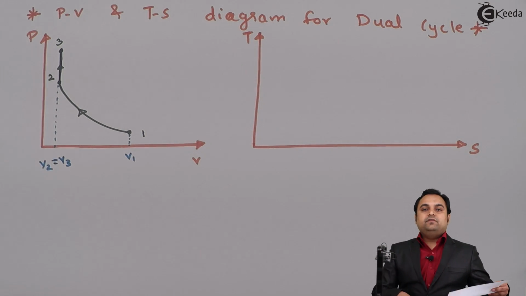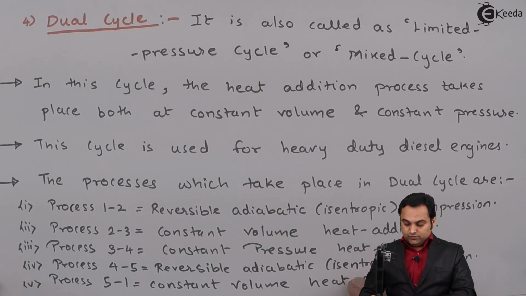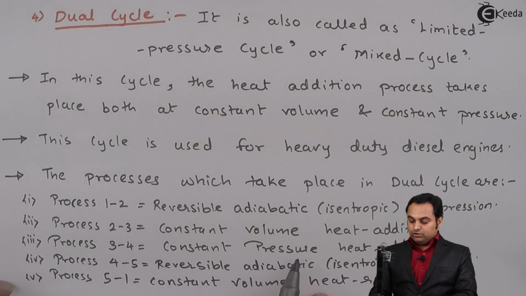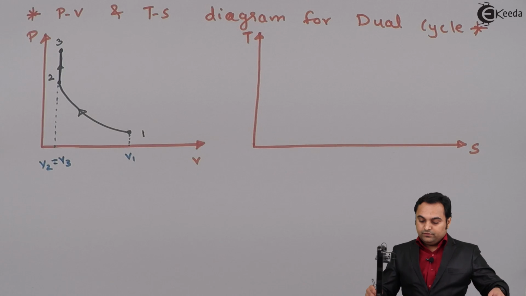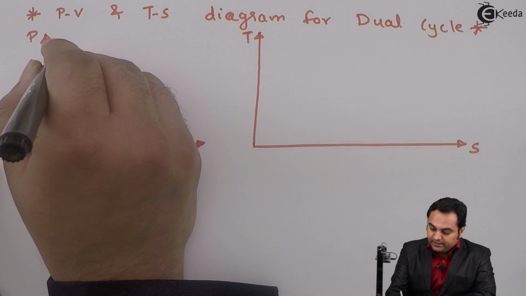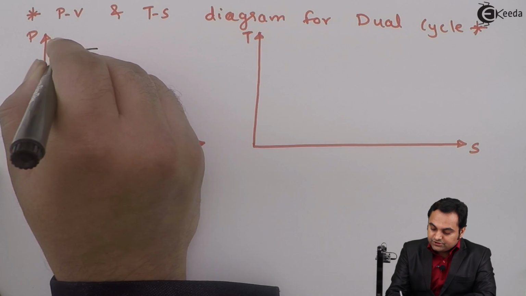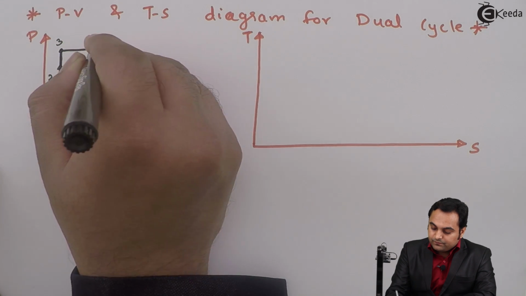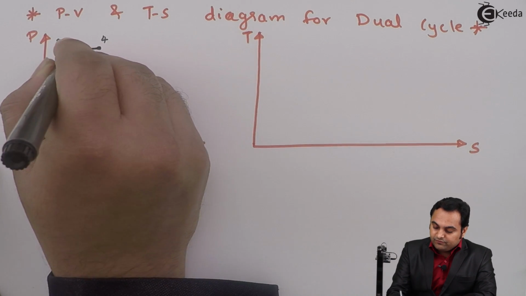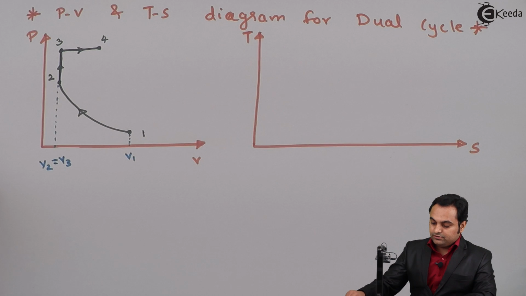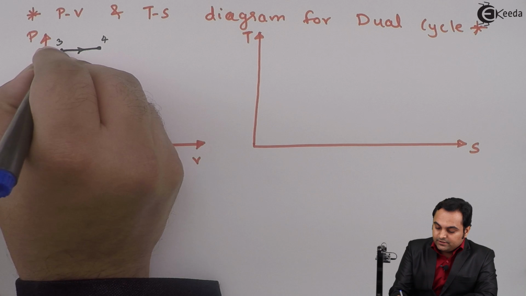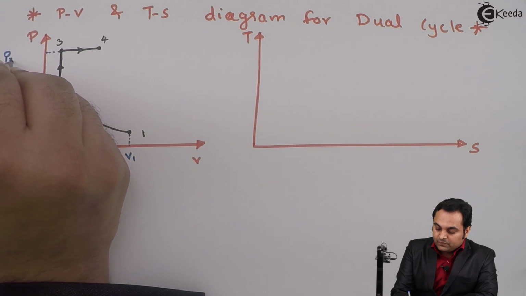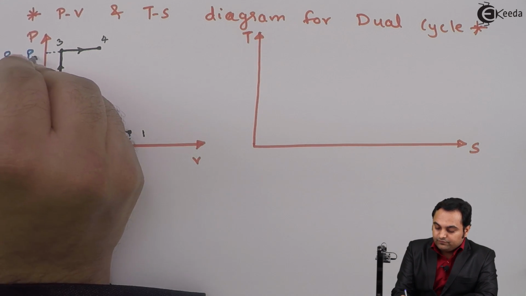Then here we have another heat addition, which is process 3 to 4, constant pressure heat addition. So in this case the heat would be added at constant pressure. So this is point number 4. Process 3 to 4 is constant pressure heat addition. Here I'll mark it as pressure at point 3 is equal to pressure at point 4.